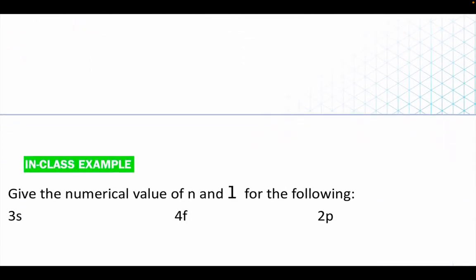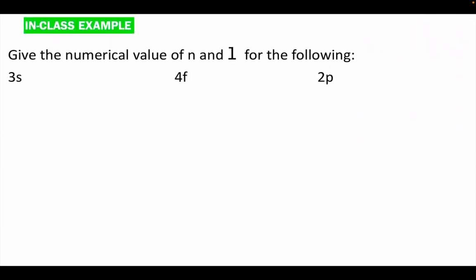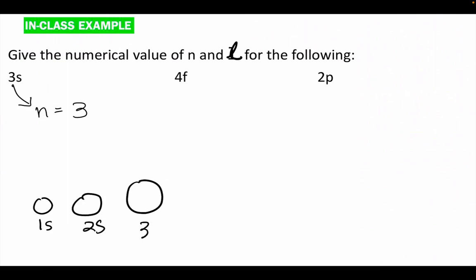So let's keep going. I'm going to give you a couple examples. So the numerical value of N and L. So 3s means I'm in the third energy level. So it's like 1, 2, now we're bigger, further from the nucleus, 3s. And then it's S, so we know that L is 0.